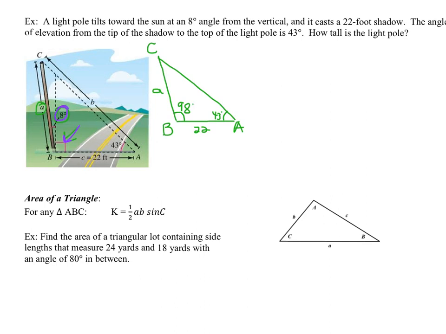If we start the process of solving using law of sines, the first thing we'll calculate is angle C. So to get angle C, we'll just do the triangle sum rule again. 180 minus 98 minus 43, making that angle 39 degrees. Now that's helpful to us because that's across from the side length that was given.